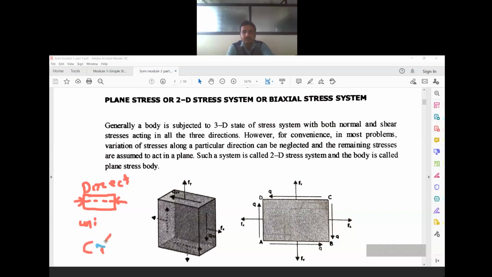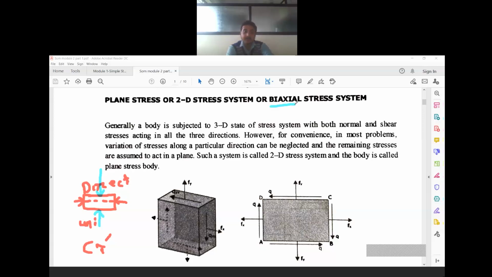Yeah, uniaxial. This condition is uniaxial. Whereas if I apply one more force in another axis, so the forces are acting in two axes, we call this system a biaxial stress system.